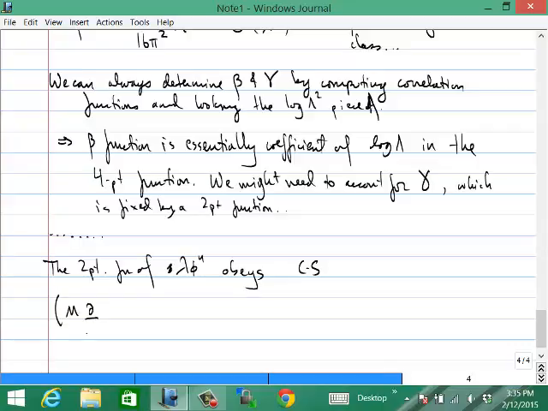So you enforce your physical conditions at a particular energy scale M, and then once you know these functions beta and gamma, regarded as functions of those couplings lambda, you then have a differential equation that you can solve for your two-point function.